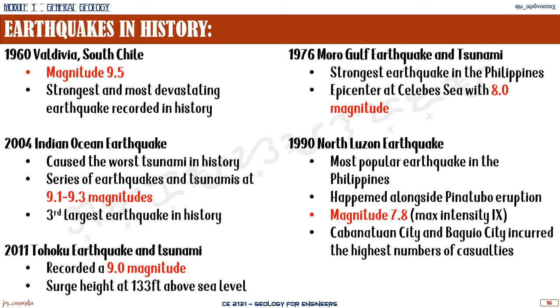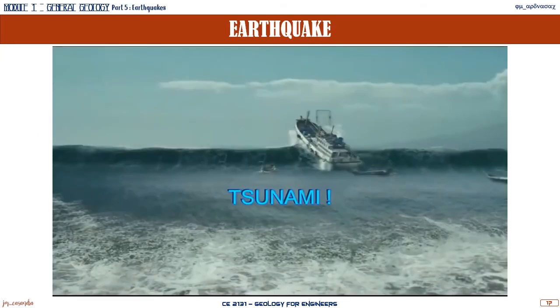So we have Cabanatuan City and Baguio City incurring the highest number of casualties. So there were survivors that were rescued almost 3 weeks after the earthquake happened. So to have a better and further understanding of earthquake, let's watch the following videos.